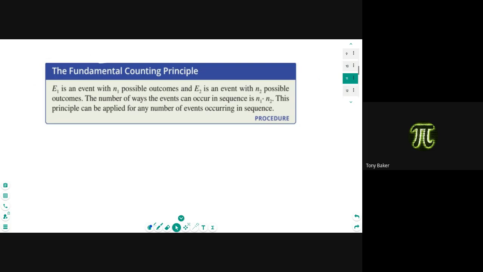The first one is known as the fundamental accounting principle. So this is the number of ways events can occur. When you're looking at the fundamental accounting principle, this is basically looking at how many phone numbers I can have, for example, or how many different dinners I can get at a restaurant, those type of situations.